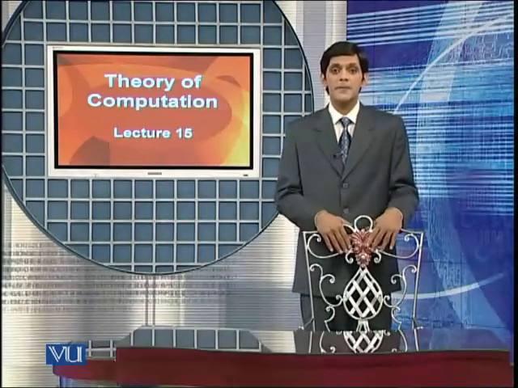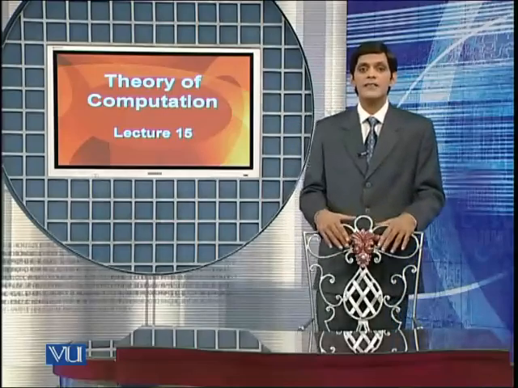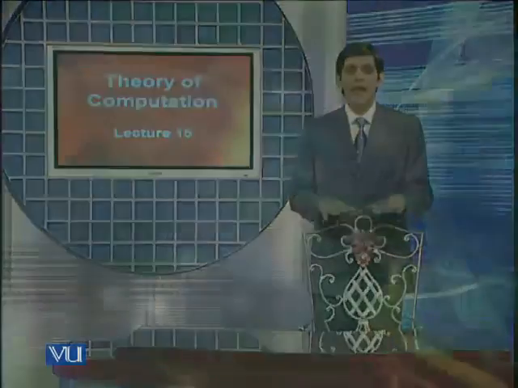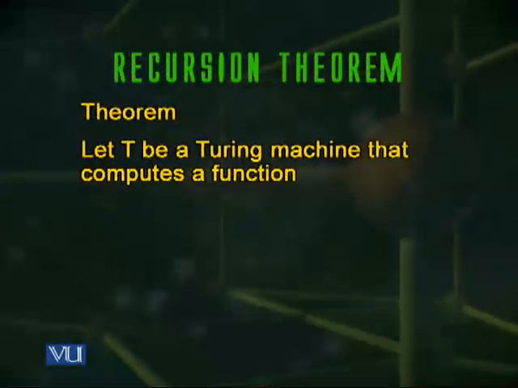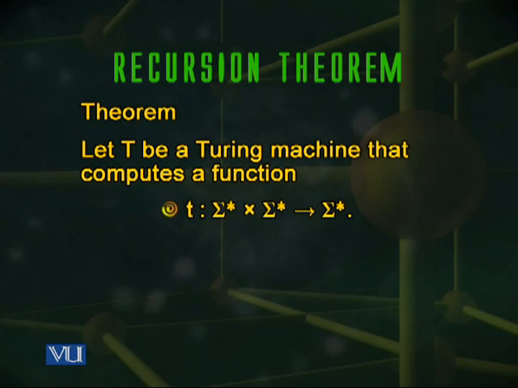So let's begin. Let's look at the formal statement of the recursion theorem and understand it fully. Let T be a Turing machine that computes a function little t which maps sigma star cross sigma star to sigma star.